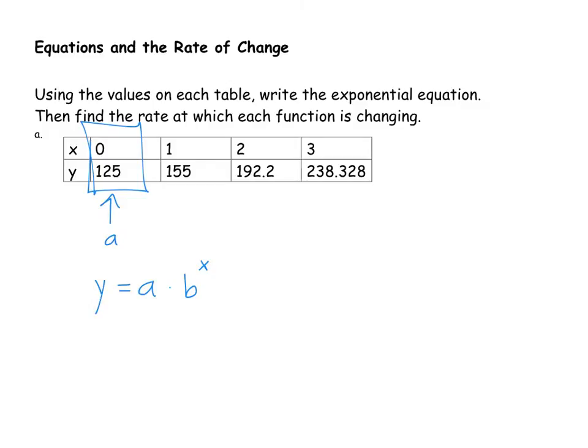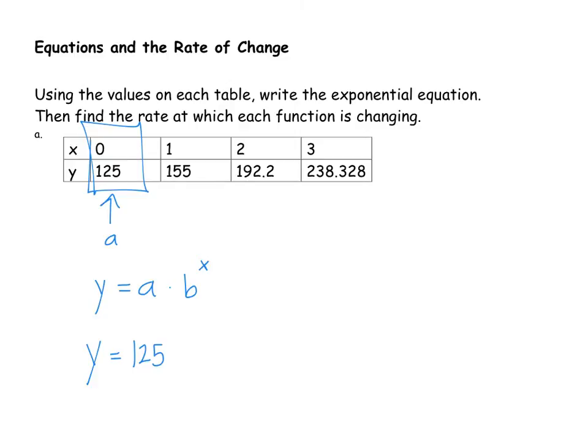So my a value is going to be 125. So now we have to figure out what is your rate, your b. What changes, okay? What's happening between 125 and 155?